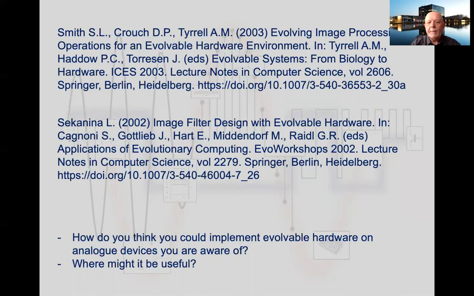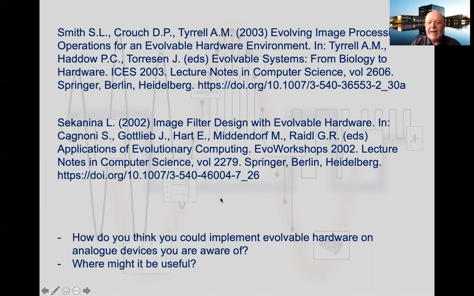Just to finish off, there's a couple more papers that you may want to read. This first paper is focused on the example I showed you on the digital filter. And here are some things to think about before lecture 2 in this series.